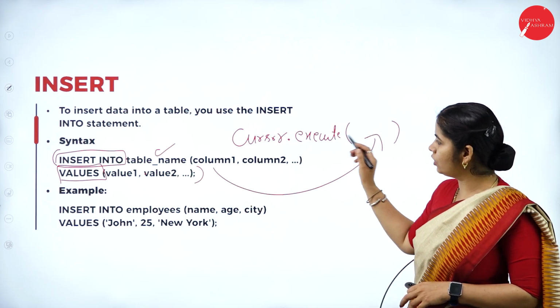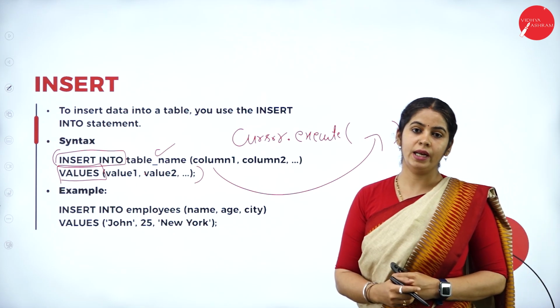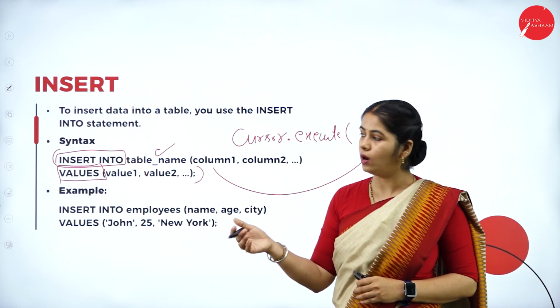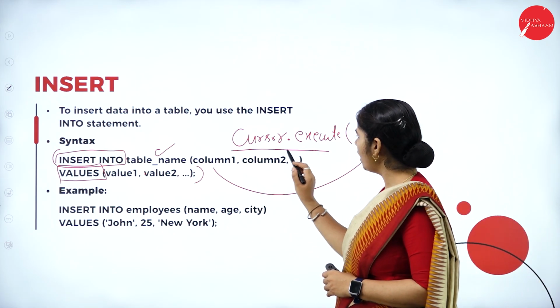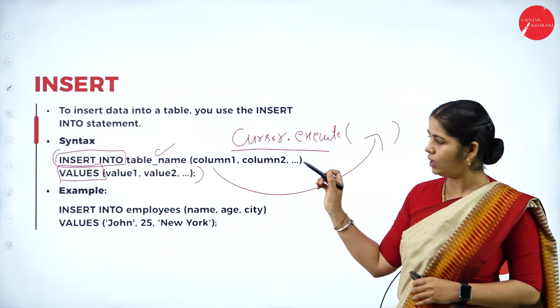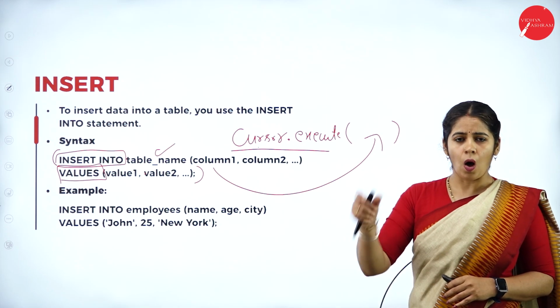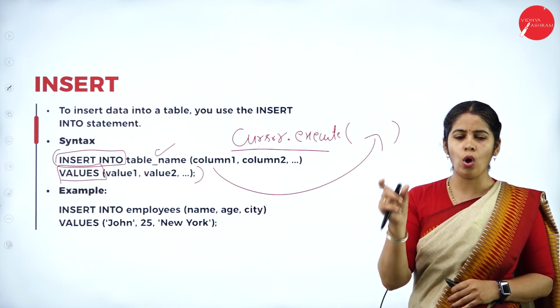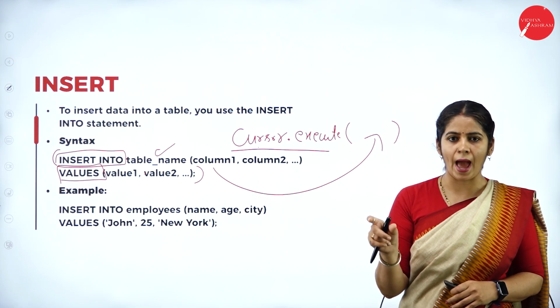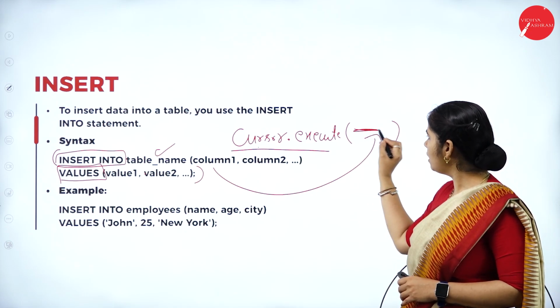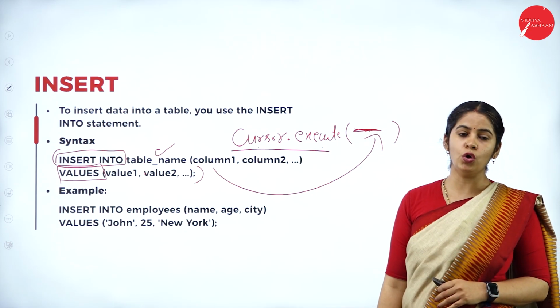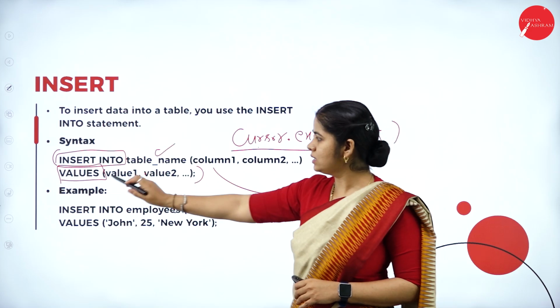That is a major difference while creating and inserting in SQLite. Every query or every operation that you are doing has to be passed as a parameter to the execute function.